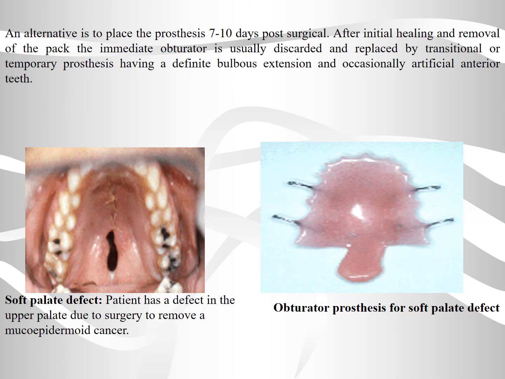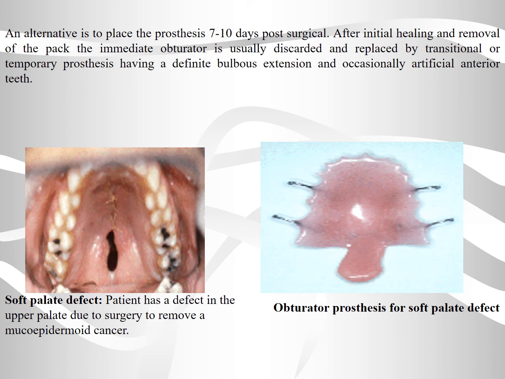An alternative is to place the prosthesis 7 to 10 days post-surgery, after initial healing and removal of the pack. The immediate obturator is usually discarded and replaced by a transitional or temporary prosthesis having a definitive bulbous extension and occasionally artificial anterior teeth.